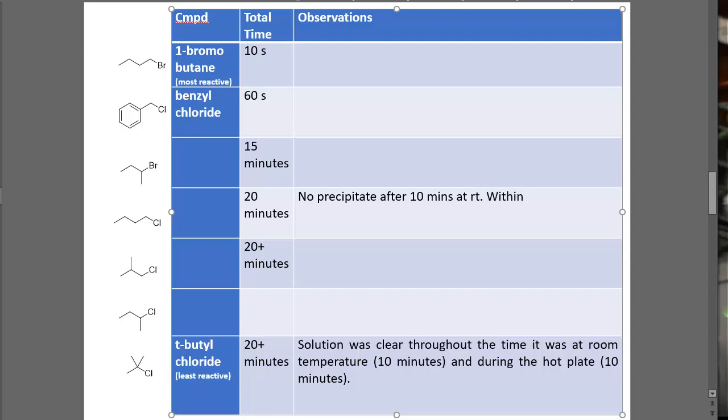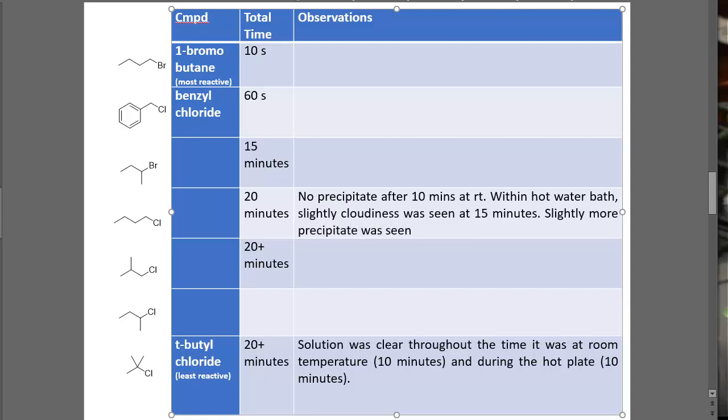Within the hot water bath, precipitate was seen at 15 minutes, and then slightly more precipitate was seen at 20 minutes. So that cloudiness in solution, just let me clarify, that cloudiness in solution is precipitate suspended in solution. So in this case, we're seeing sodium chloride suspended in solution.